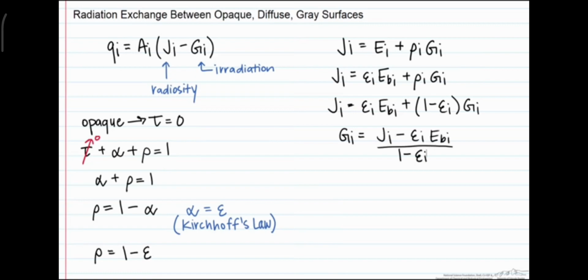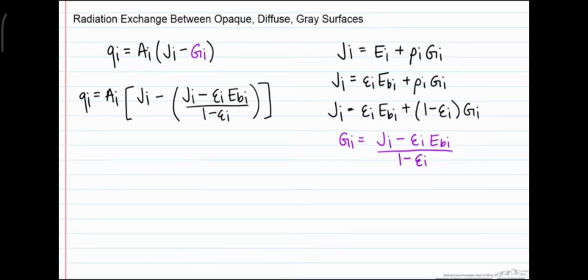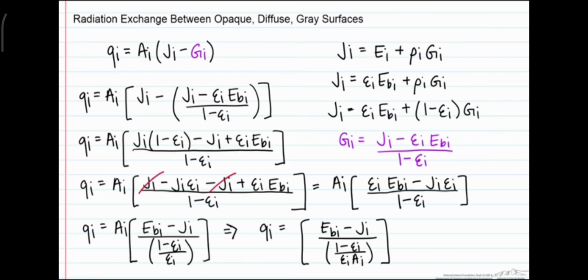Now we're going to go back to our original equation right here and substitute in our irradiation. So let's do a little algebra here. And finally, we can simplify this to our emissive power of the black body minus the radiosity, divided by (1 minus the emissivity) divided by (the area of the surface times the emissivity).